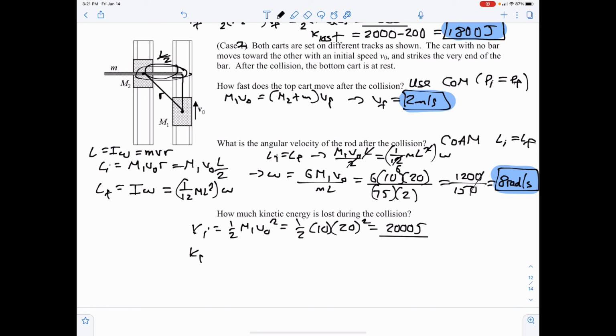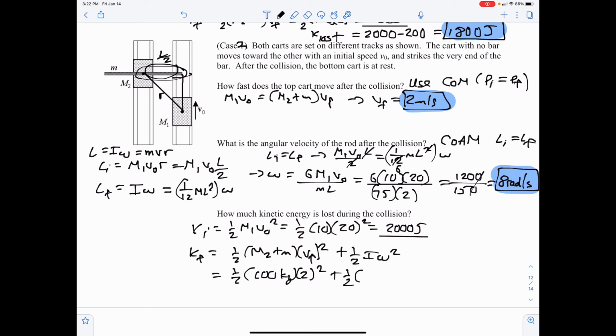Kinetic energy final, 1/2 times (m2 plus m) times v final squared, plus 1/2 I omega squared. Okay, plug into that. 1/2 times 100 kilograms times 2 meters per second squared, plus 1/2 times I.